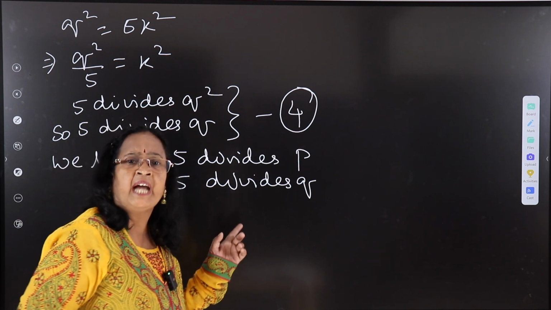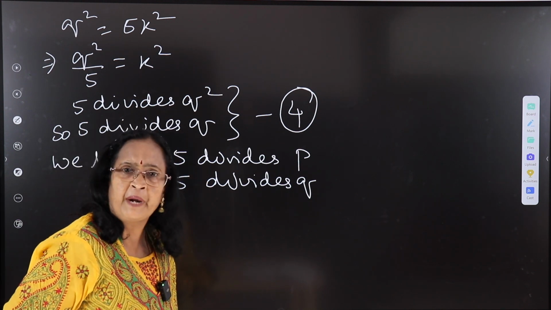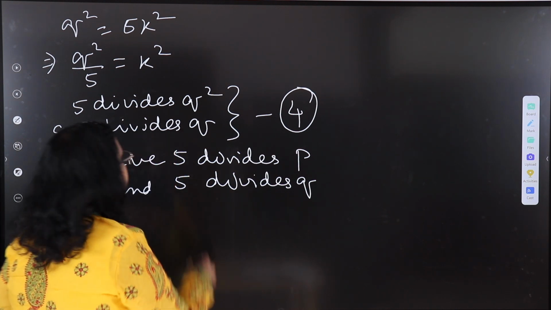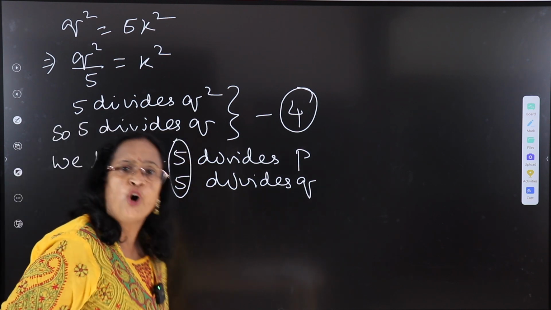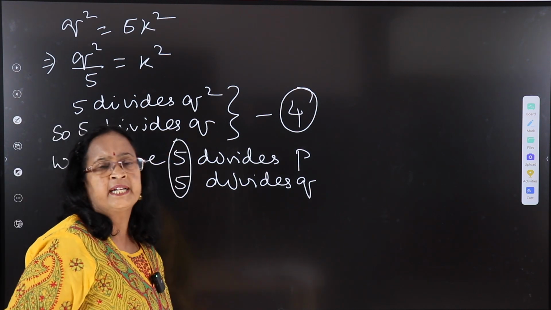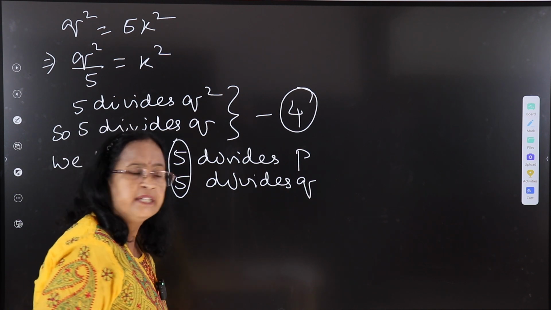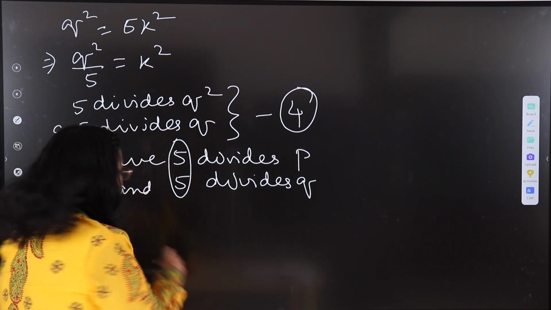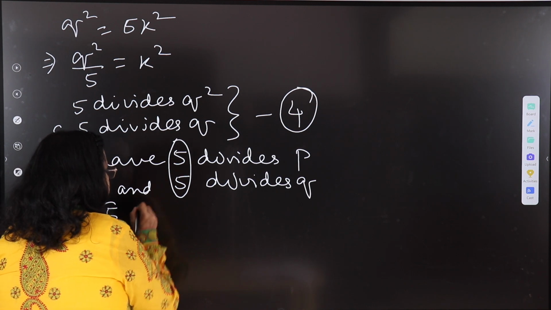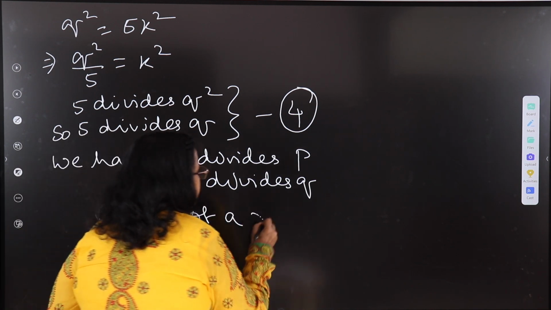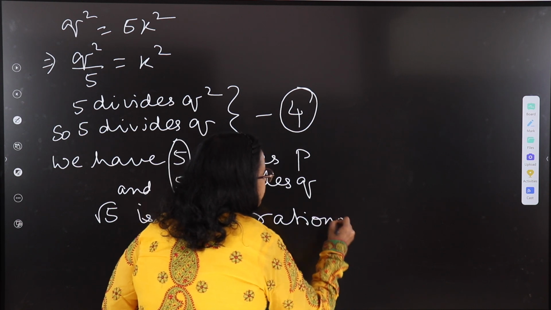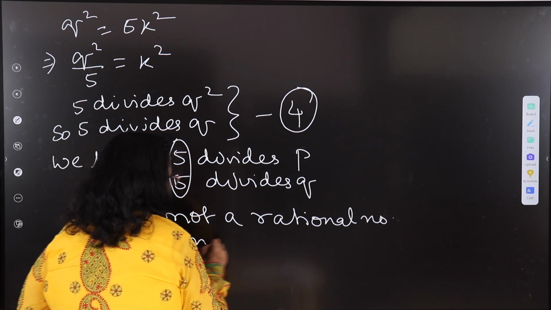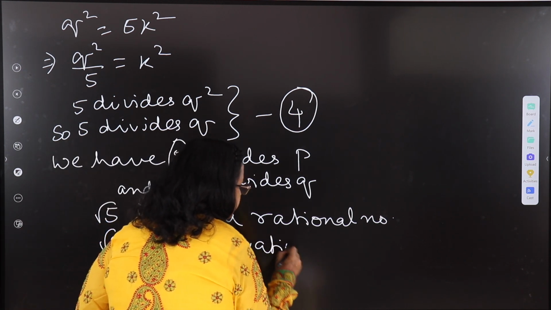But in the beginning we had assumed p, q are co-primes which have only one as common factor. But we have got 5 as the common factor. So this contradicts our assumption that the number given, root 5, is a rational number. Root 5 is an irrational number.